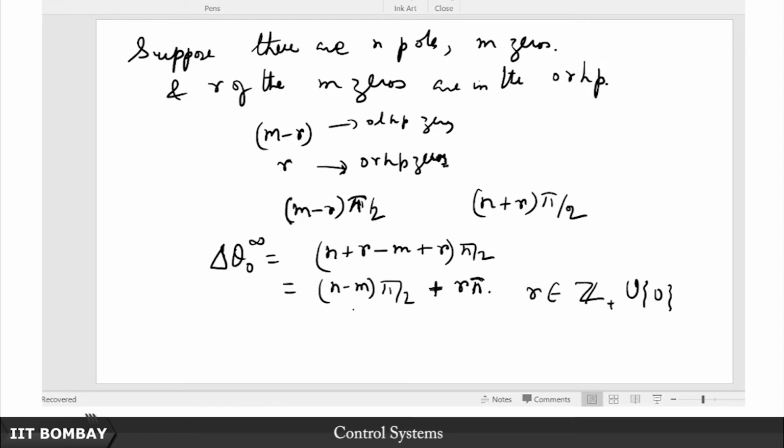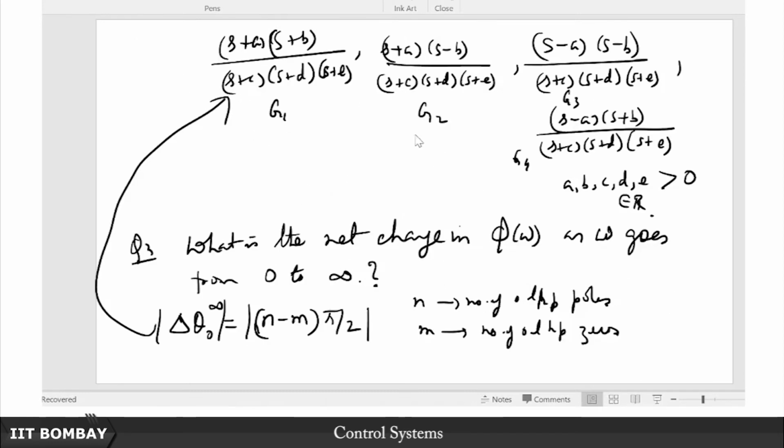Now if you look at all these transfer functions, they all have the same magnitude plot, but their phase plots will be different. So only this fellow will have a net phase change of (n minus m) pi by 2, which in this case is pi by 2. What about this fellow? You see r is 1, so this is going to be pi by 2 plus r pi, so it is plus pi.